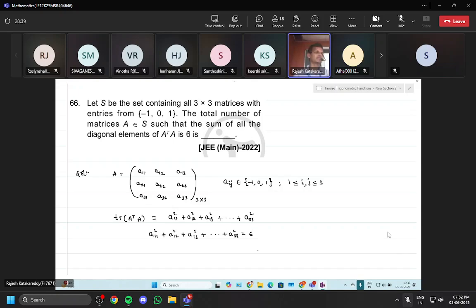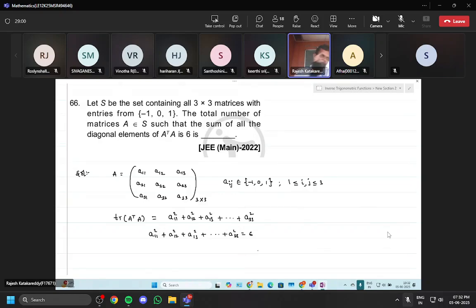Clear? Next, if I remove a 1 and replace it with 0, I am using 8 ones. Plus 1 or minus 1 doesn't matter since I am doing square here. Clear? 8 ones and a 0, I will have 8. 7 ones, I will have 7.